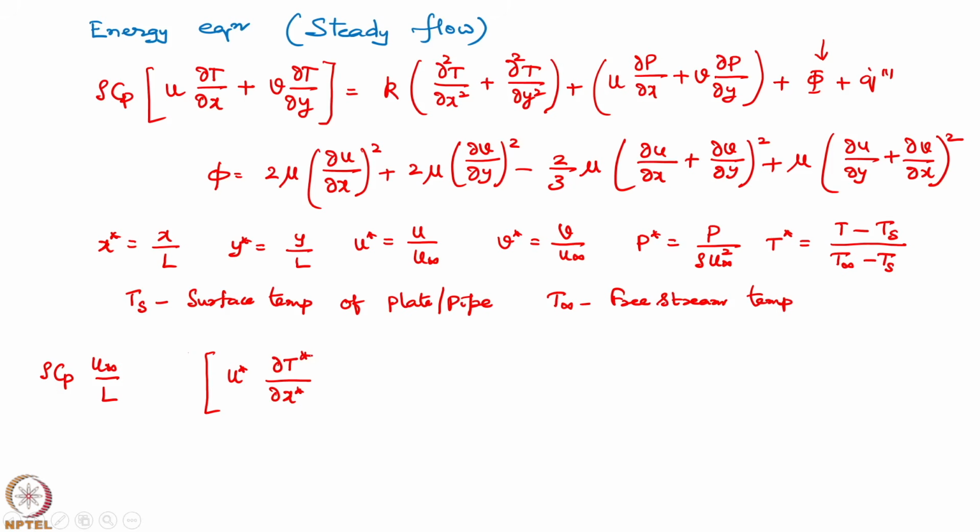So what do you get? Dou T star is T infinity minus Ts, and Ts is constant, so dou Ts by dou x does not exist because Ts is constant. So that is what you get.